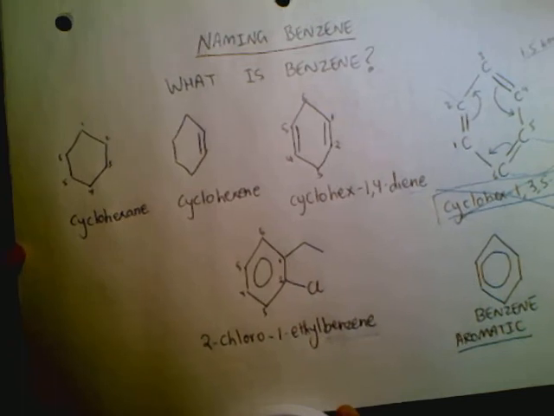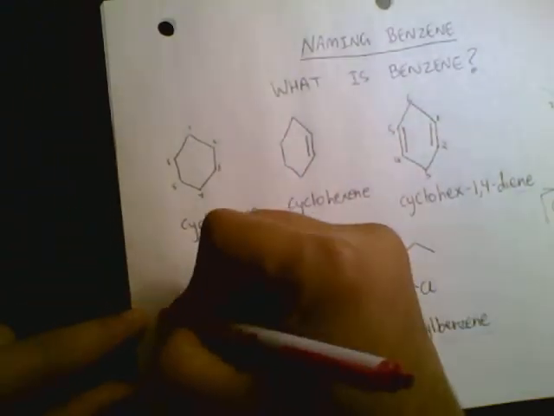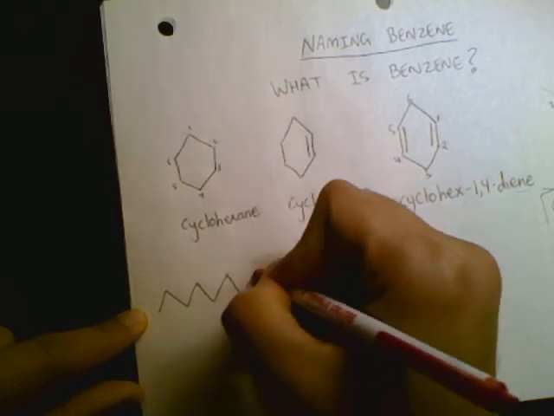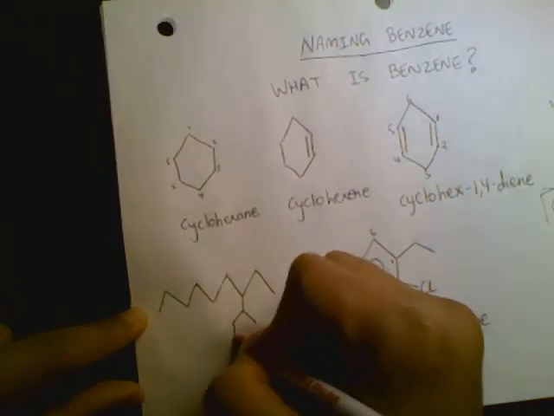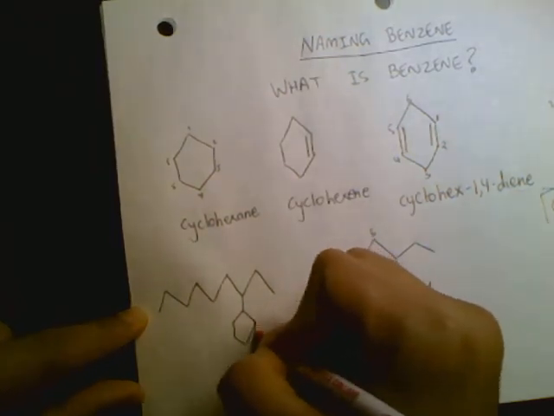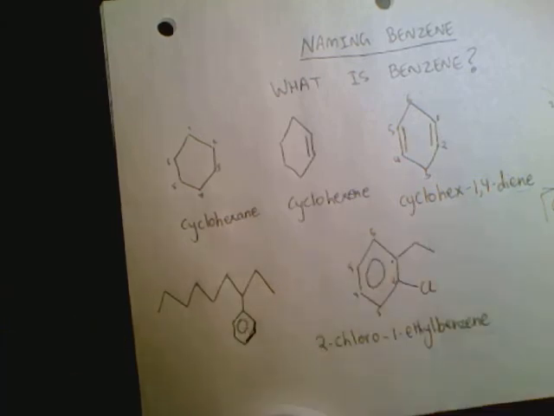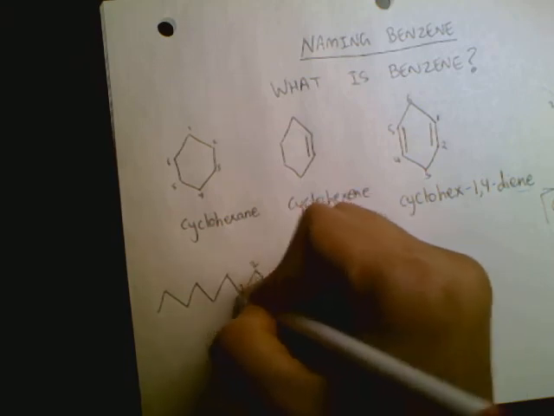You can also have benzene as a side group in some cases. Okay, if you have a really long chain of carbons, and then you have benzene as a side group, let's say somewhere here, this is also possible. Okay, when that happens, benzene is written as a side group.